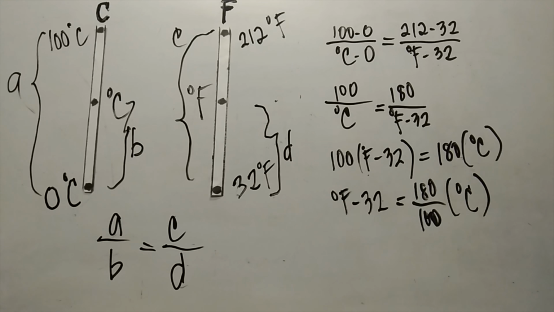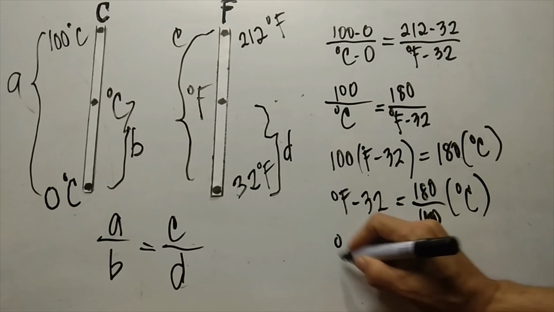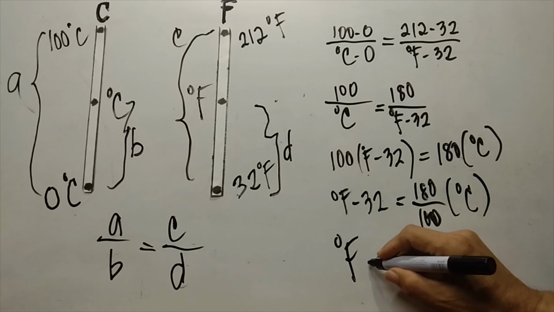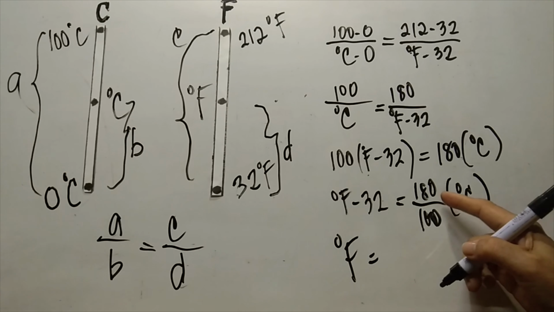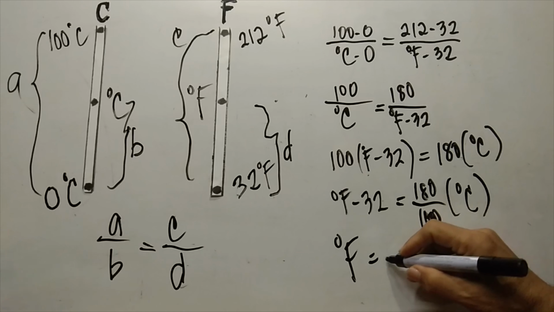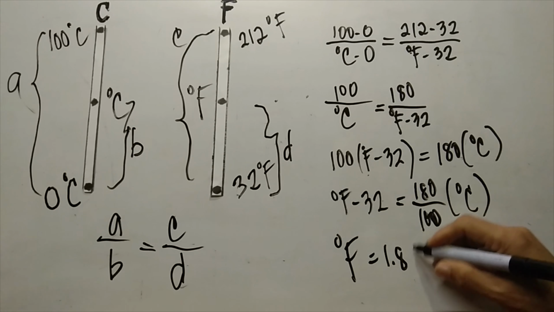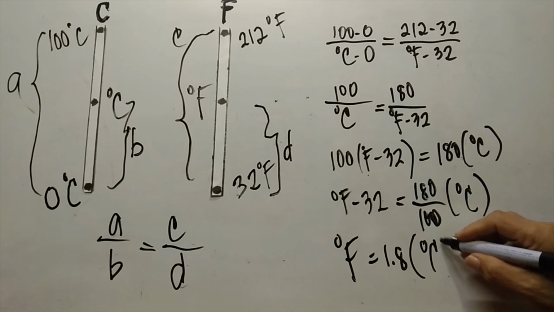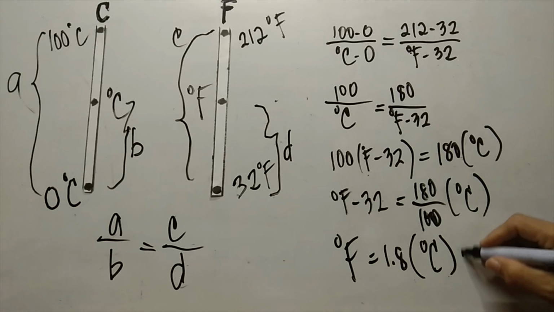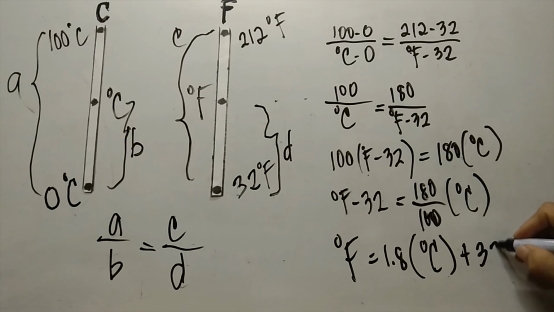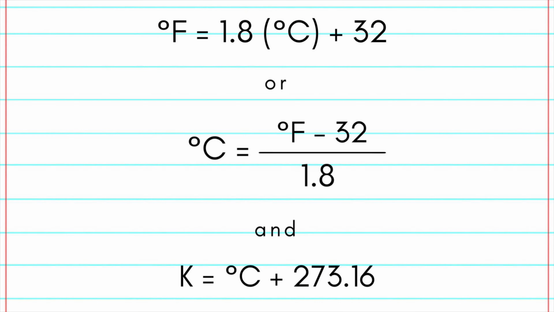And finally, our formula to convert Celsius to Fahrenheit and vice versa will be degrees Fahrenheit is equal to 180 divided by 100 is 1.8 times degrees Celsius plus 32.